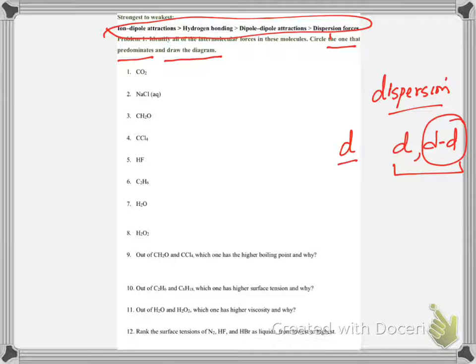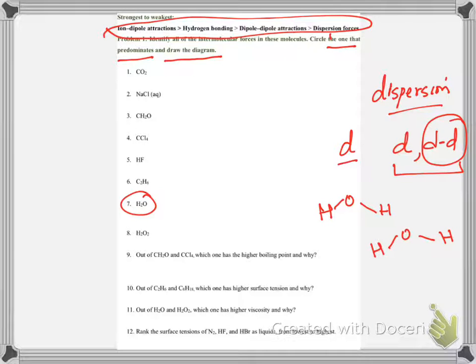Drawing the diagram basically means showing the intermolecular forces. Again, let's say I take water and I want to show the hydrogen bonding, you're going to show the structure for the intermolecular force that dominates.